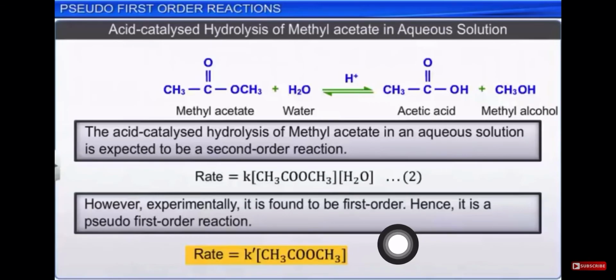Now you understood this, why? Because we are having two reactants, so the rate is basically dependent on two reactants. But here one of the reactants we are taking in so large an amount that we can take it as constant. So if we take water as constant, the rate is only dependent on one of the components, that is CH3COOCH3, and when it depends on only one component, we can say that it is a pseudo first order reaction.